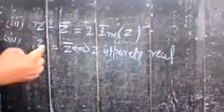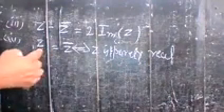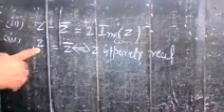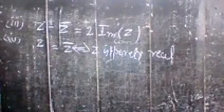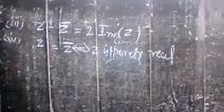If you have a result like that, Z means any complex number and its conjugate both are equal, so in that case you can say that it is purely real. This is your fourth property.